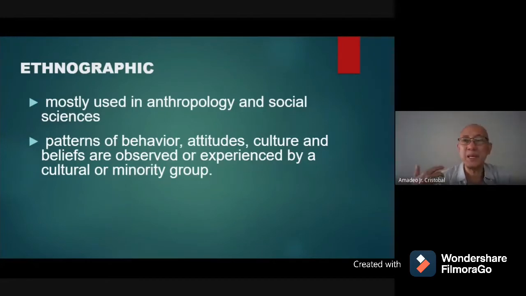When we speak about the ethnographic method, we look into the patterns of behaviors, the patterns of attitudes, the spatial culture and beliefs, which are being observed and experienced by a cultural or minority group.